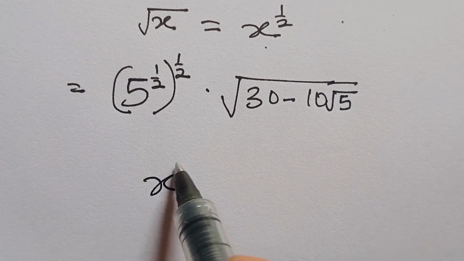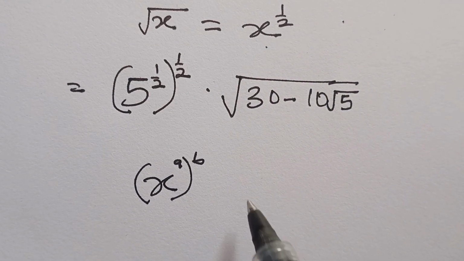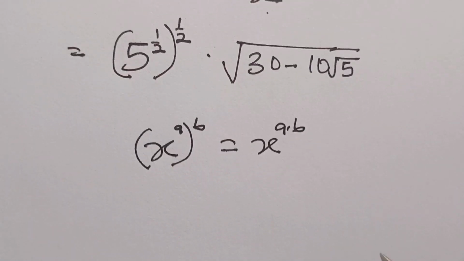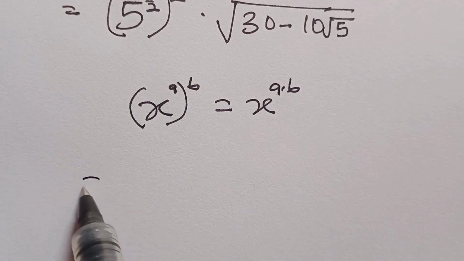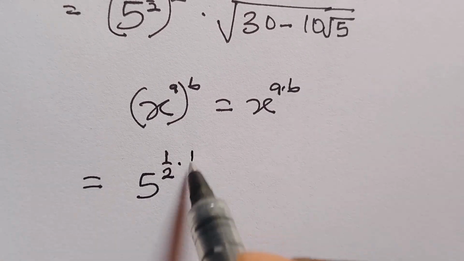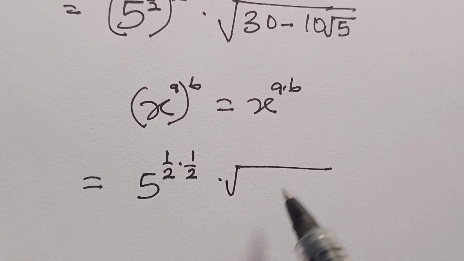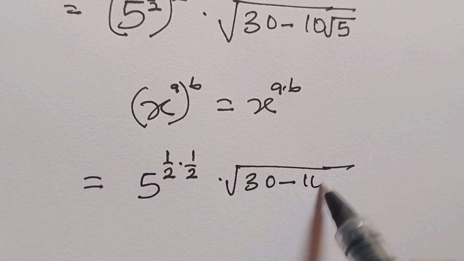Now, once you understand it up to this stage, according to rule of indices, if you have x raised to power a, everything raised to power b will be equal to x raised to power ab. So if I apply that principle to my expression, I will now be having 5 raised to power 1 over 2 multiplied by 1 over 2, times square root of 30 minus 10 square root of 5.